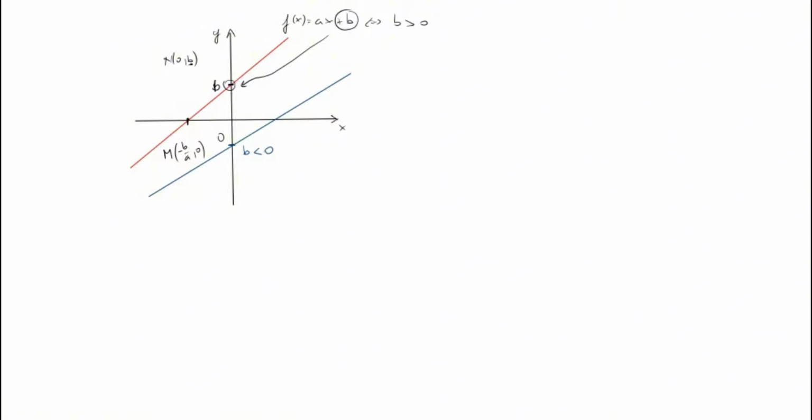Okay, let's draw again the coordinate system and talk a little bit about parameter a. So x, y, and the origin, and the function. We will draw here at the intersection point with the y-axis a line parallel to the x-axis.